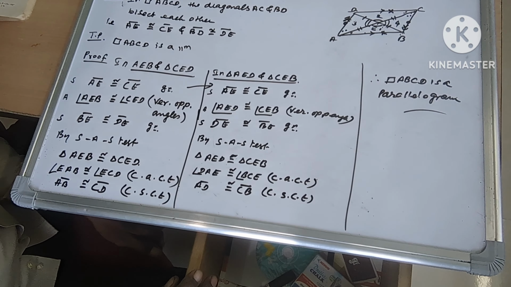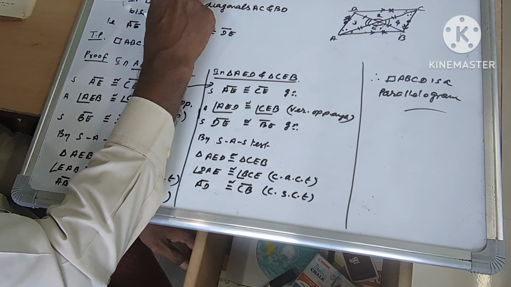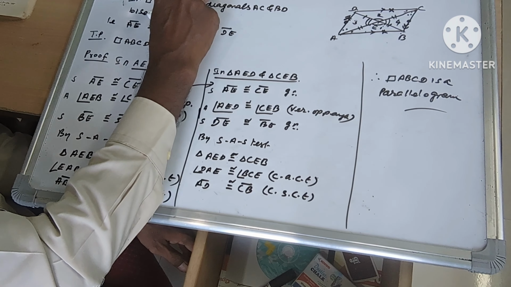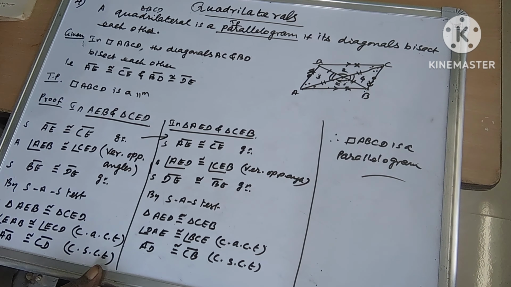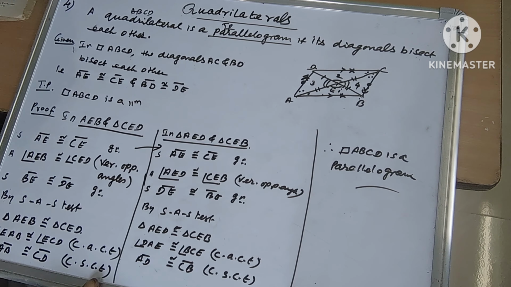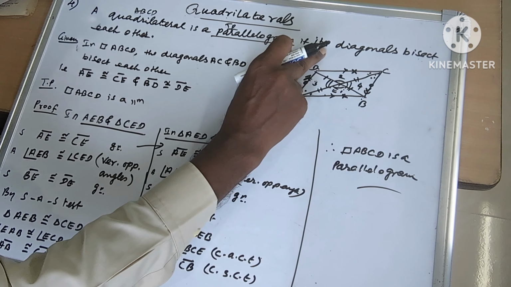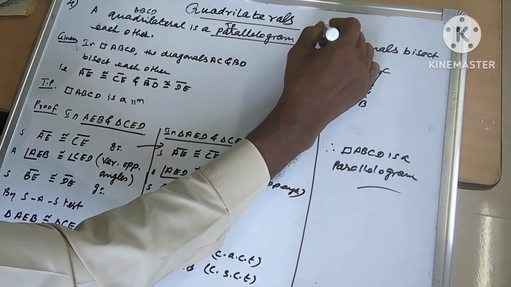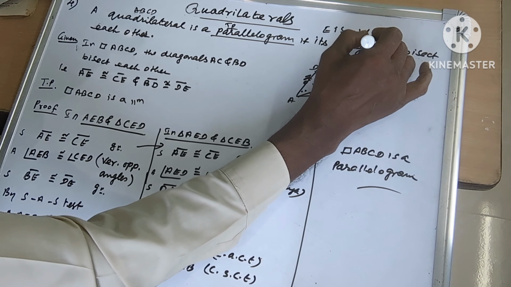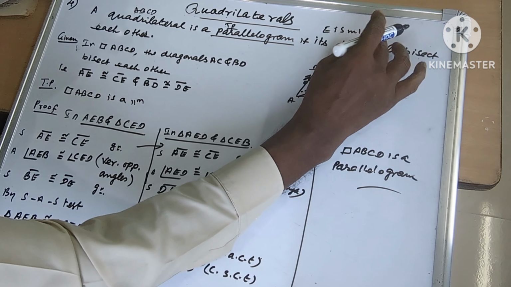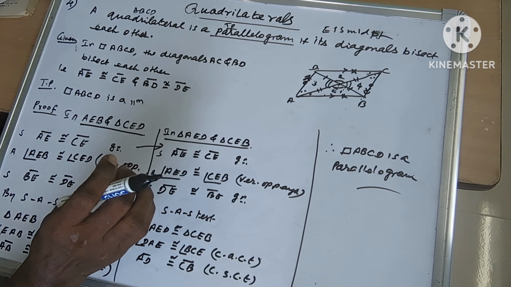What does this result say? ABCD is a quadrilateral, and we have to prove that it's a parallelogram. In this quadrilateral the diagonals are bisecting each other, that is, E is the midpoint of both the diagonals.